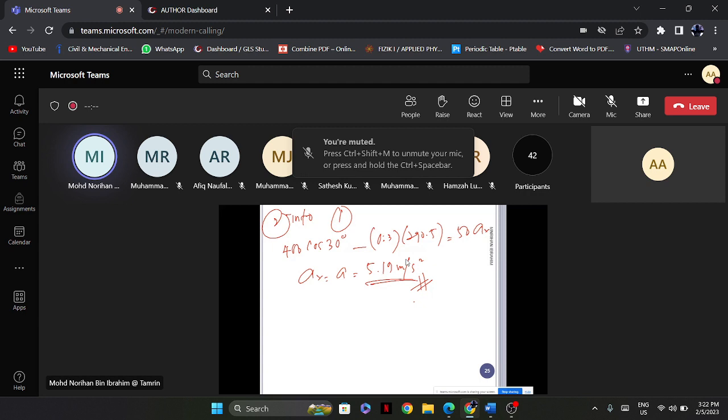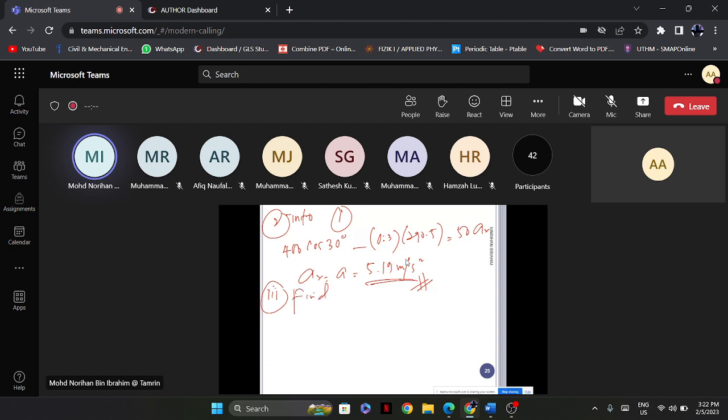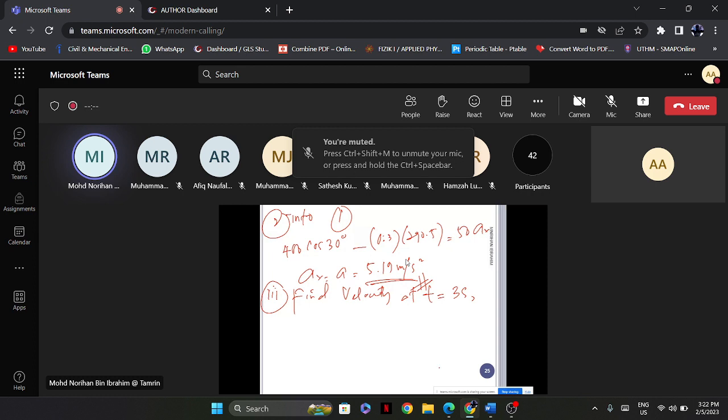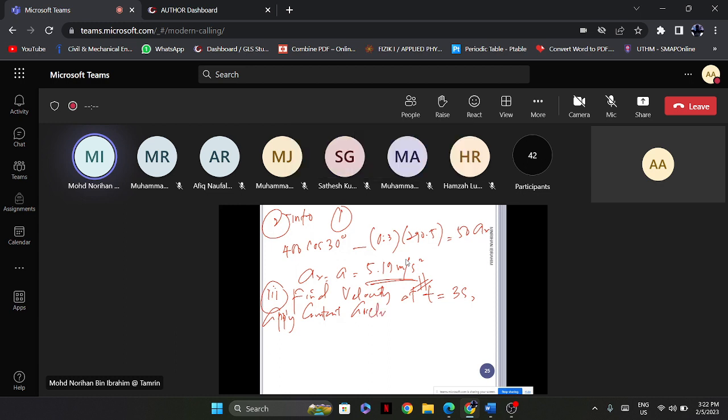So in this case, when you want to solve for the velocity, the third step is to find the velocity at t is equal to 3 seconds. So we need to apply constant acceleration.